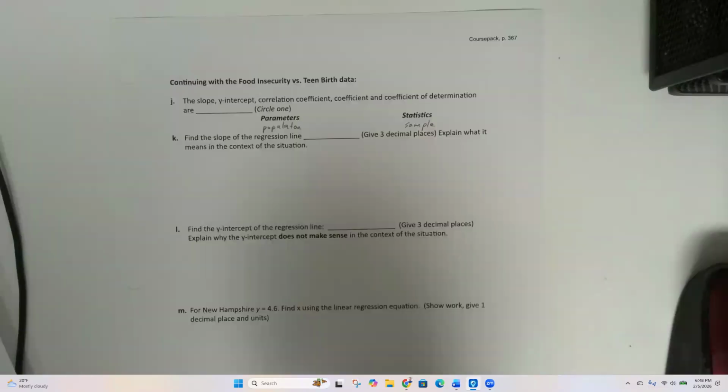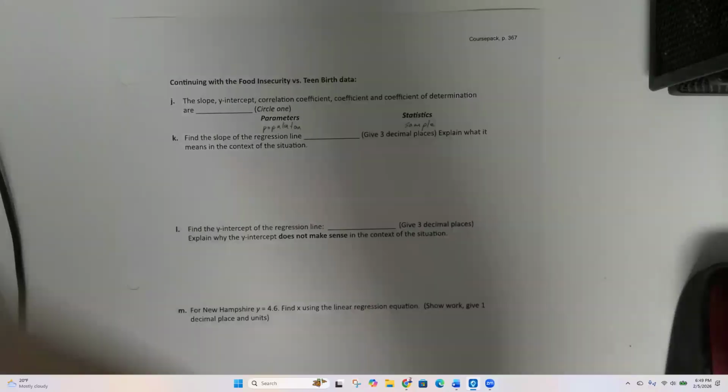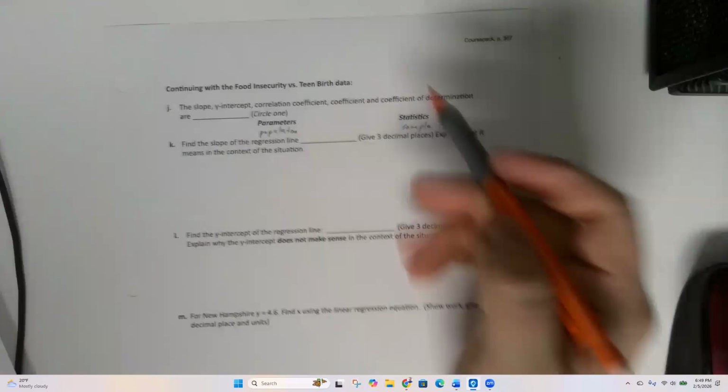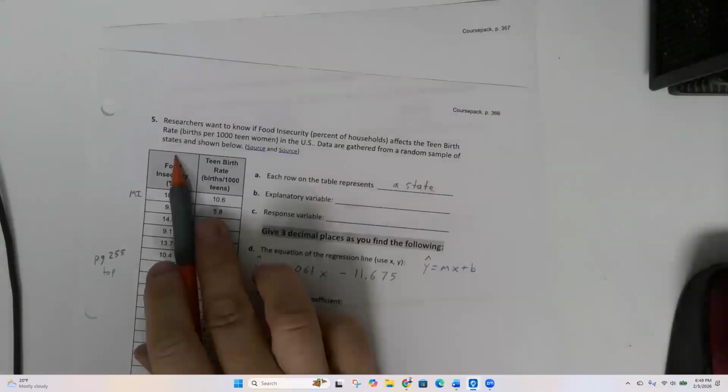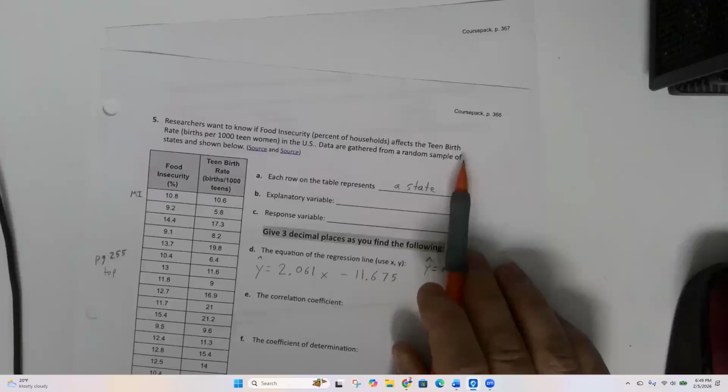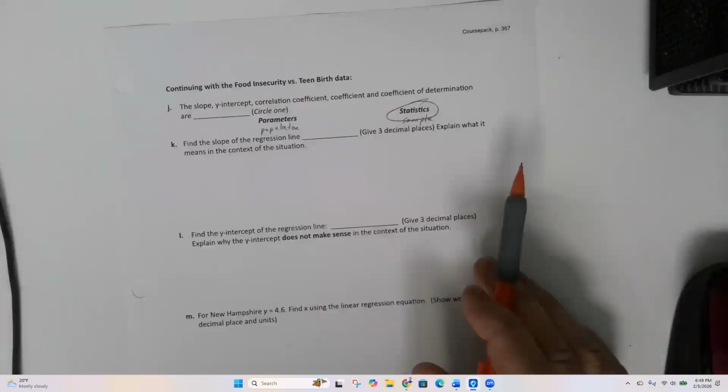So what do we have here? Parameters or statistics? Yeah, thank you, Ryan. It is statistics, okay? Because it says it's a random sample of states. If it had said all states, then yeah, we would have said parameter.